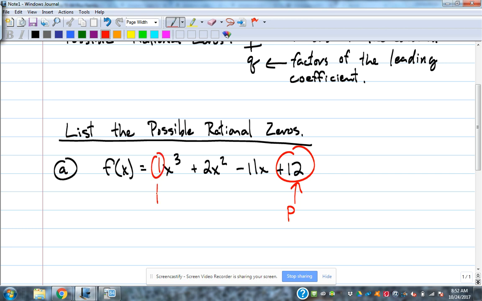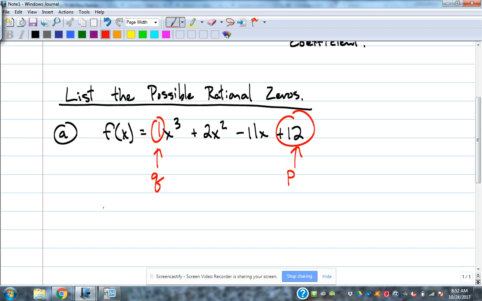That number is Q. So when I make that list for P over Q, I need the factors of 12. What's it mean to be a factor of 12? Yeah, things that can go into 12.